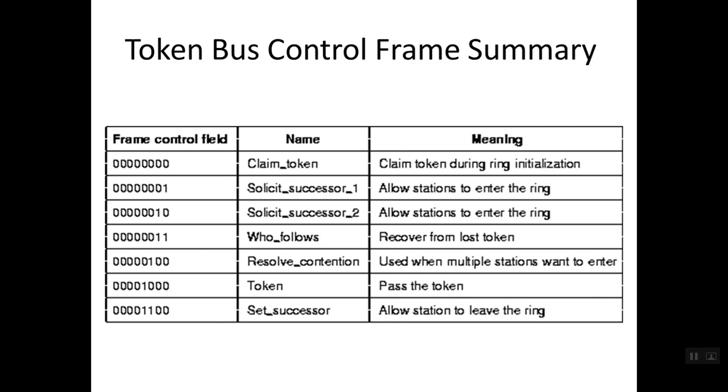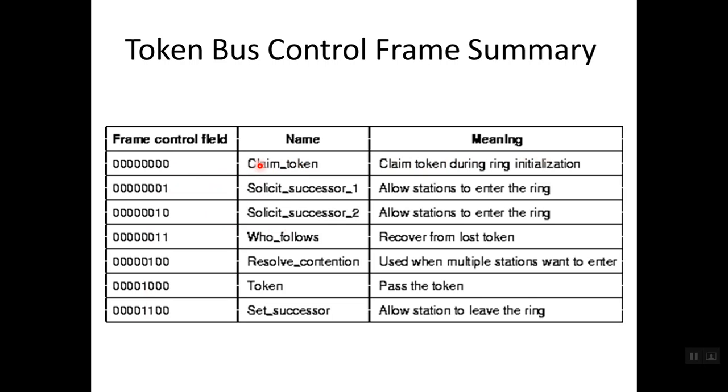Claim token, solicit successor 1, solicit successor 2, who follows, resolve contention, token, set successor. These are the different control frames in token bus, and these are the contents of the frame control field for the corresponding control frames.